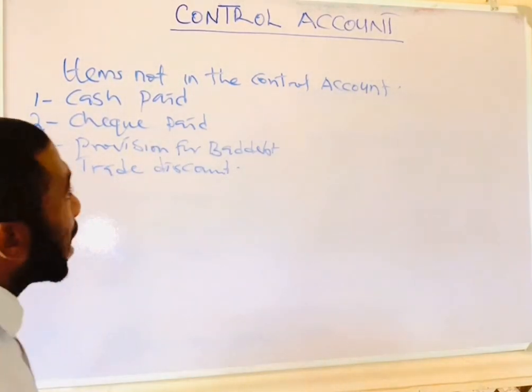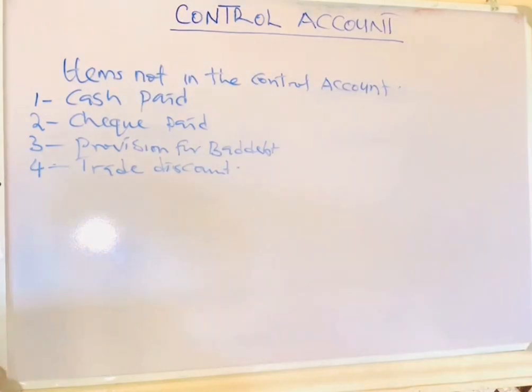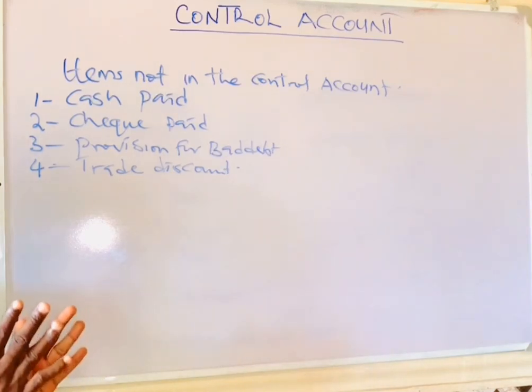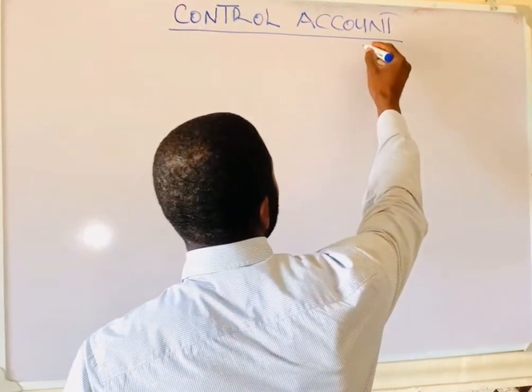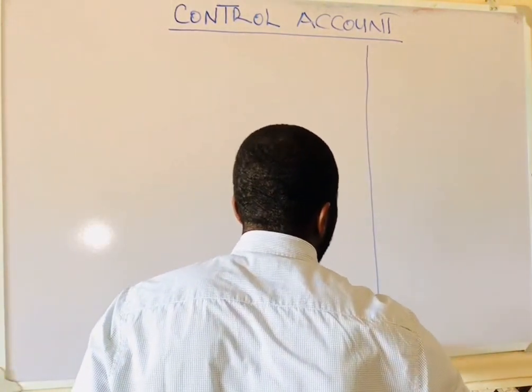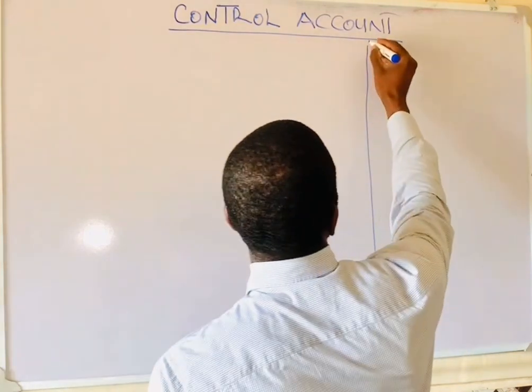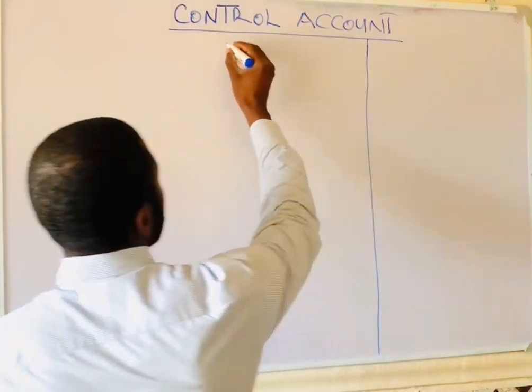Then let's look at items that should be in the control account. These items are grouped into two: the items that reduce the control account and the items that increase the control account. Let's see these items.